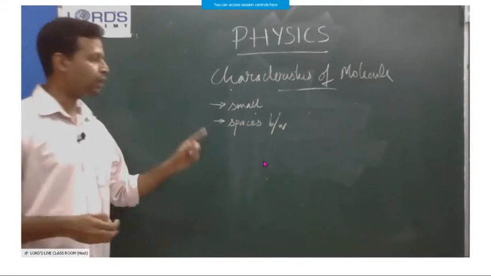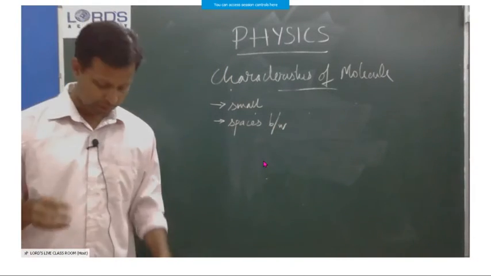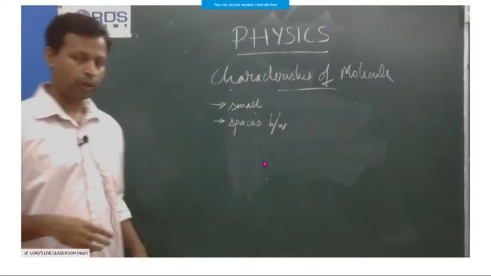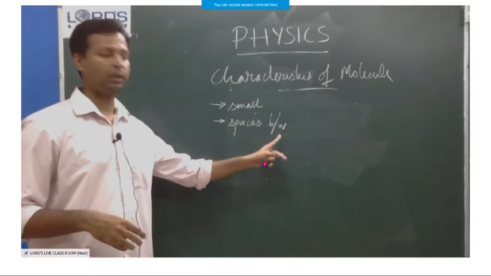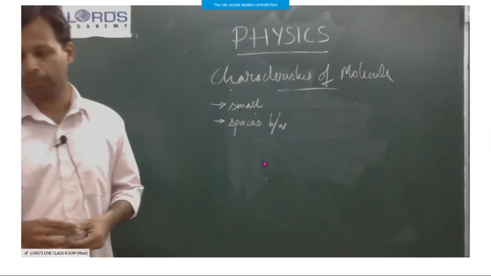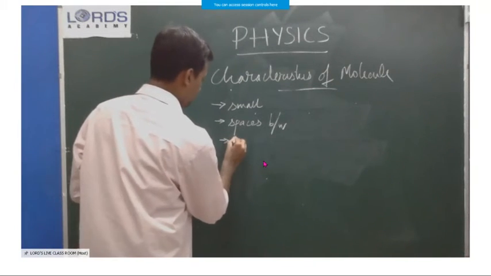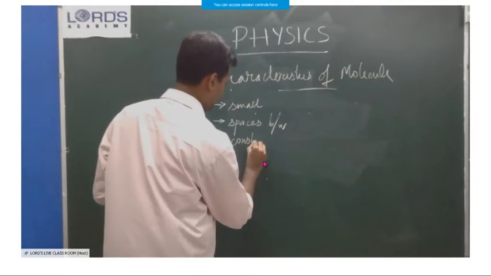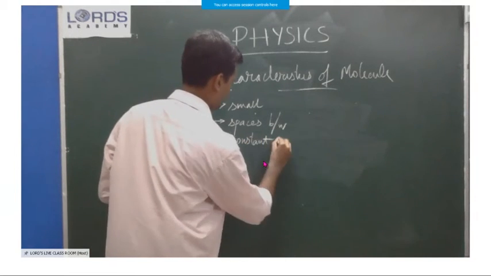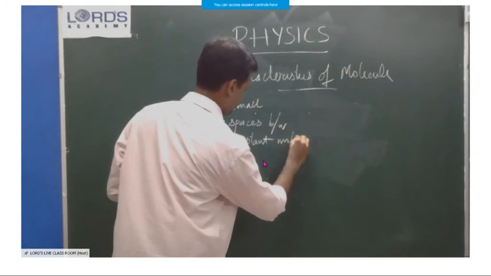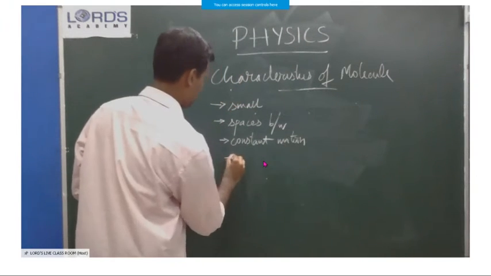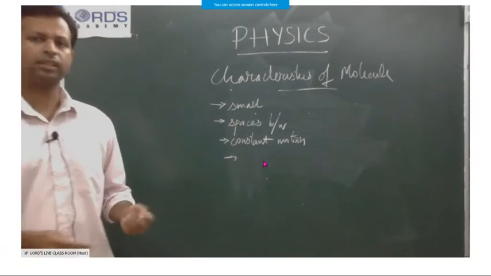Between two molecules there is a space. You may be wondering why I am telling there are spaces between molecules; that we will see. Then they are in constant motion. That means they are moving.